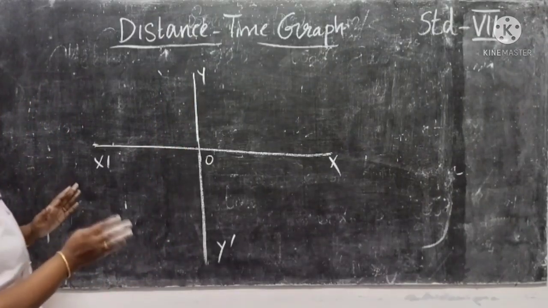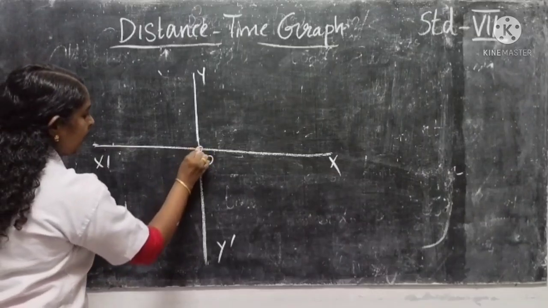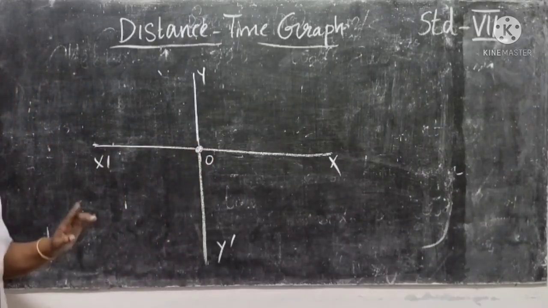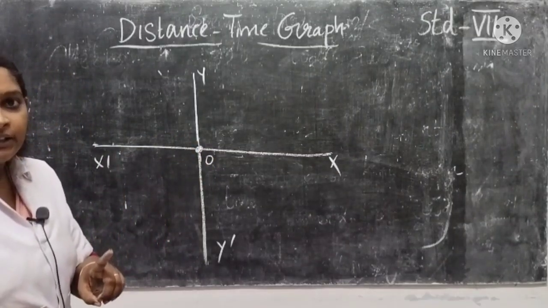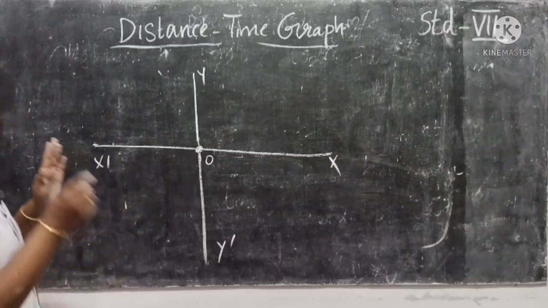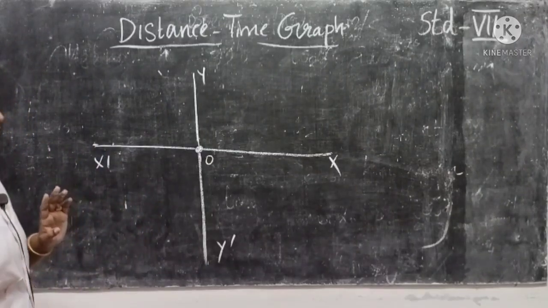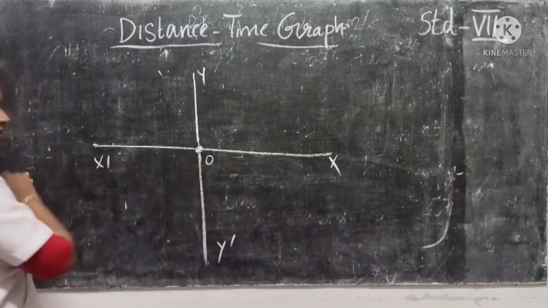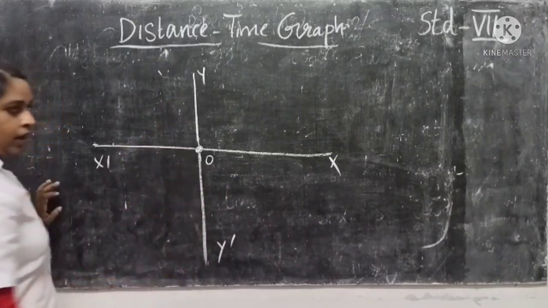The meeting or joining point of these two axes is known as the origin, and it is represented by the letter O. So there should be two perpendicular lines, X or X dash and Y or Y dash.